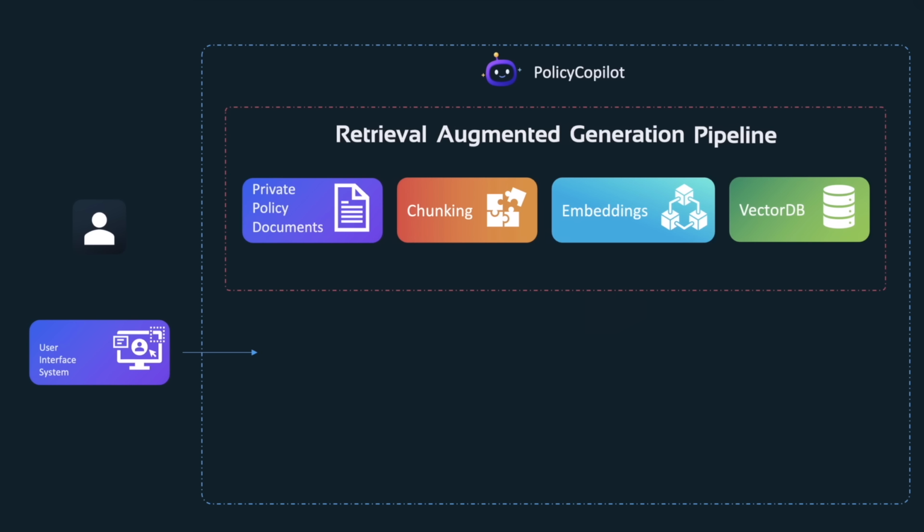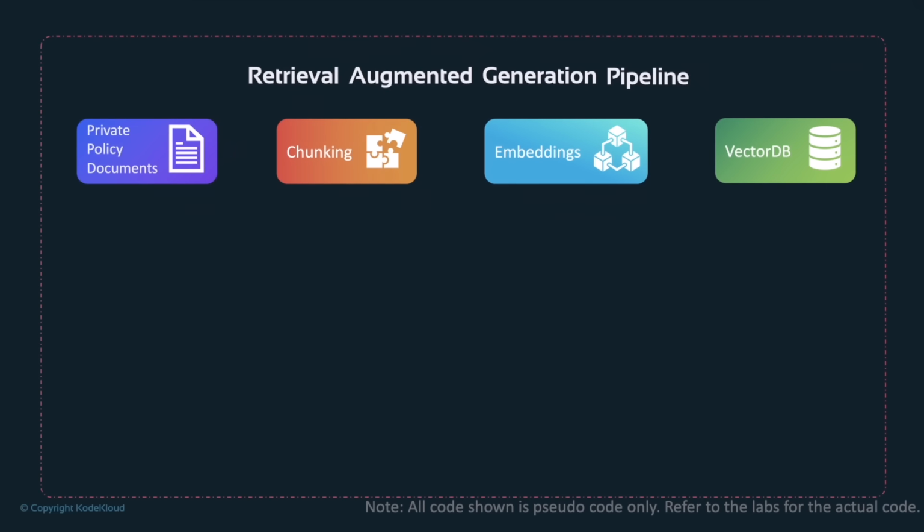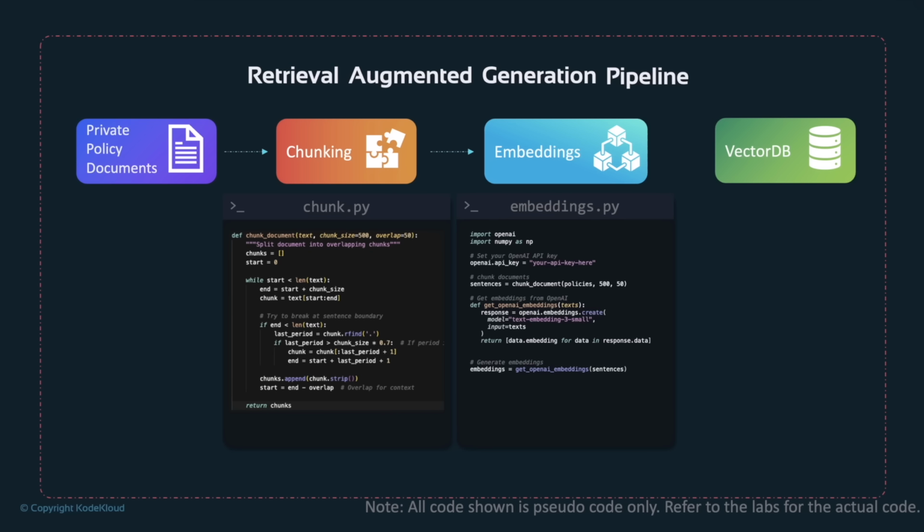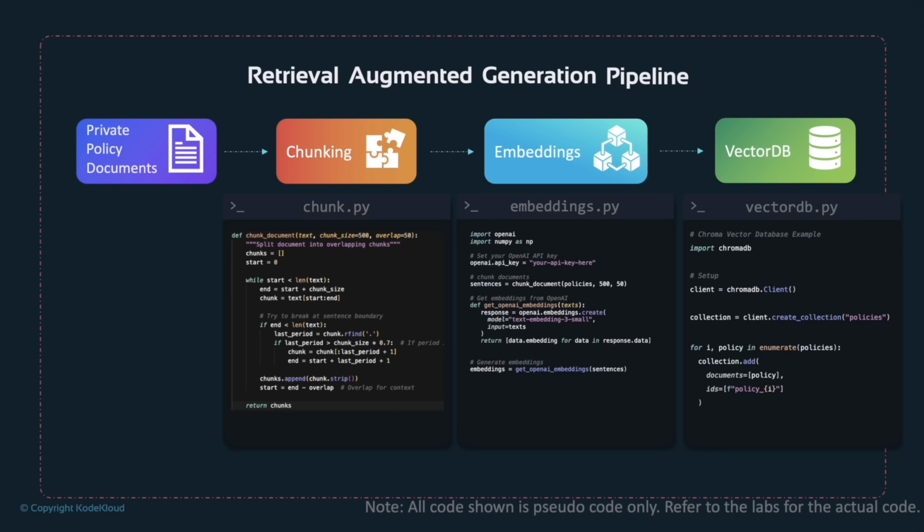Let's take a closer look at that simple RAG pipeline. The RAG pipeline gets the policy documents, chunks them into small pieces using a chunk size of 500 with an overlap of 50 characters, then converts them into embeddings using OpenAI's embedding models, and then finally loads them into a vector DB.